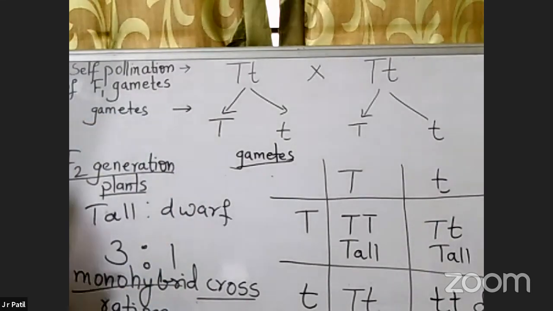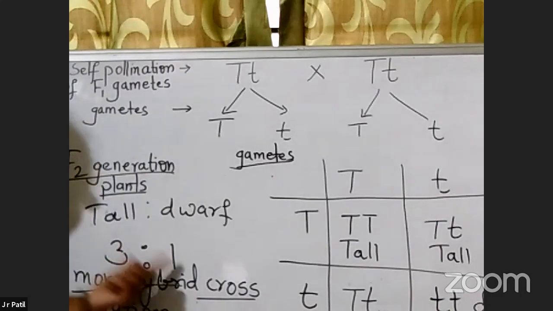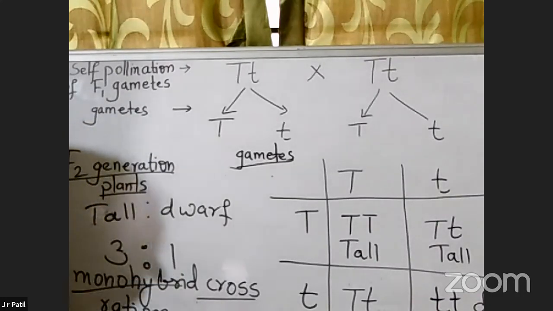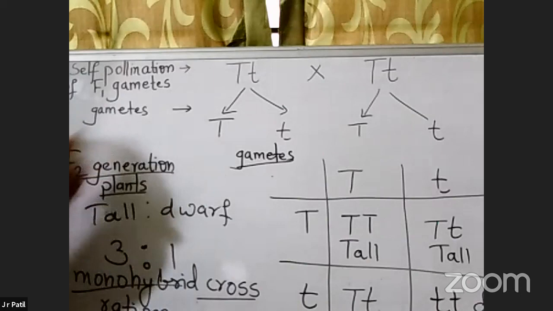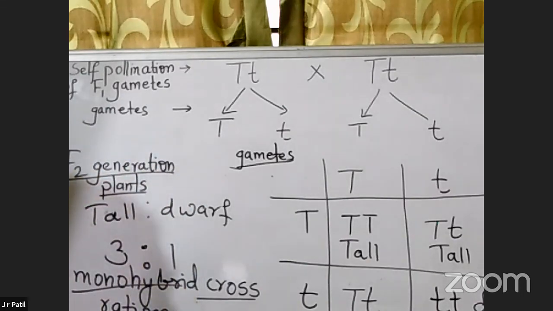That is, if 3 tall plants are there, 1 dwarf plant will be present in the F2 generation of a monohybrid cross. Understood?